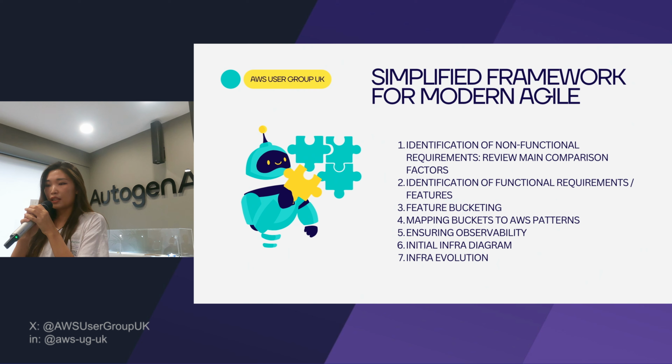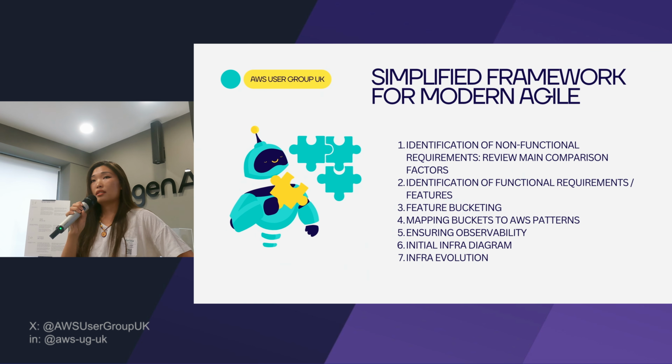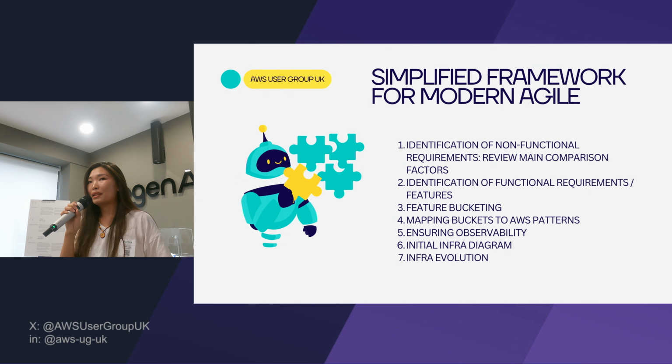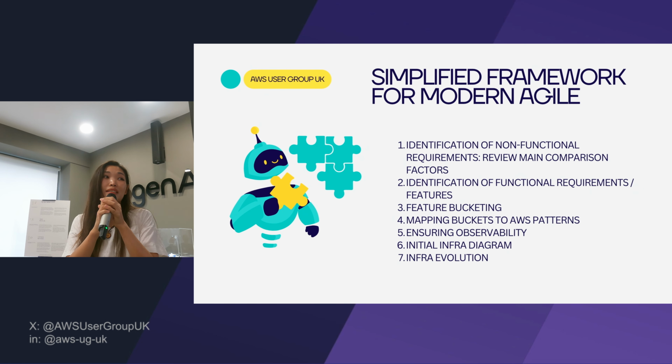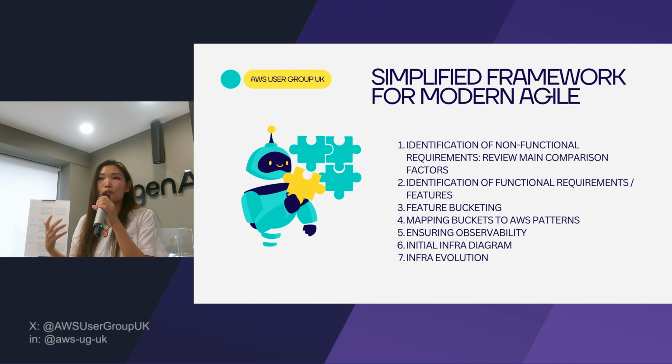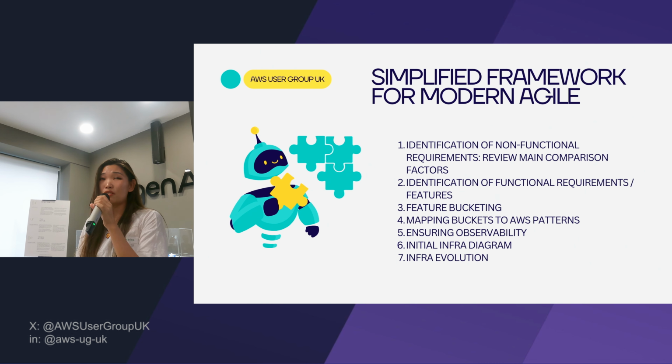Step number 5, ensuring observability, is a step that we often miss in our projects, just because during the project planning phase, we usually decide on the architecture, infrastructure, all the important decisions beforehand, but then we forget to actually periodically reassess that, because infrastructures can evolve.